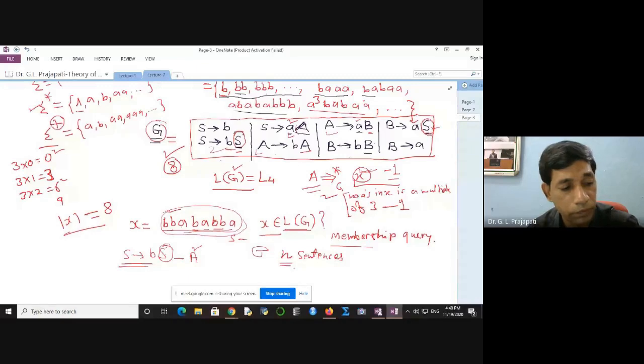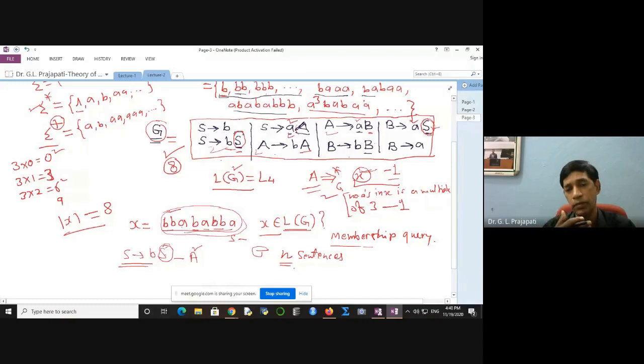Then again, you need to find the structure that can generate the n sentences. And also, if somebody tells you that this is some new sentence, then your learned grammar should also generate the new sentences. Then you can say that you have learned the grammar. So this is also a very challenging task. Learning an efficient grammar for an unknown language is a computationally hard problem in computer science.